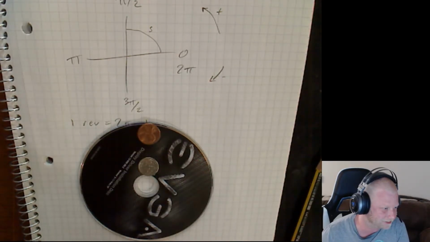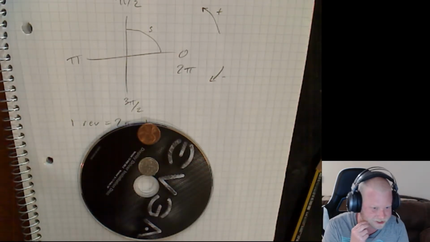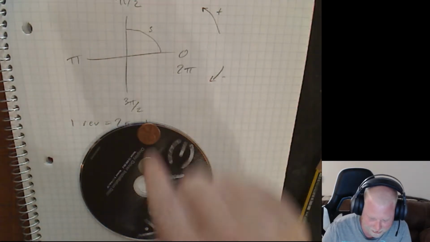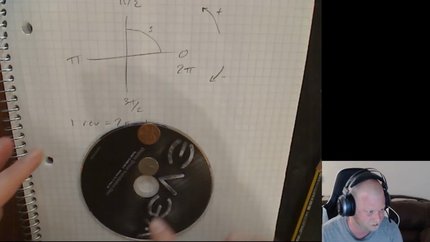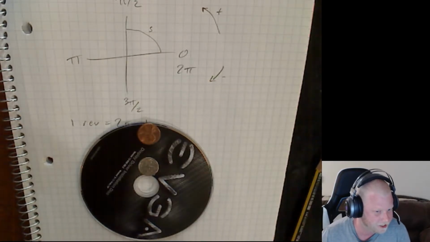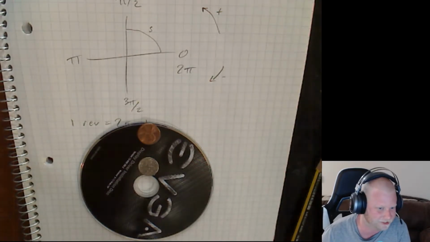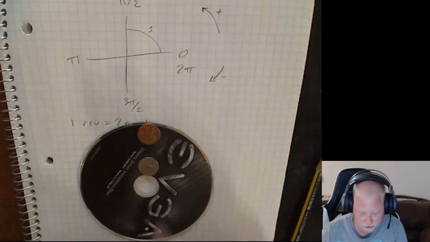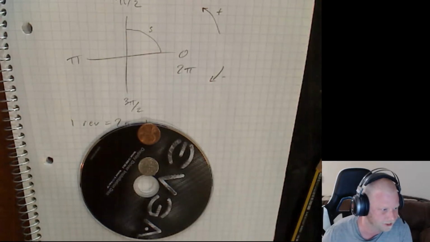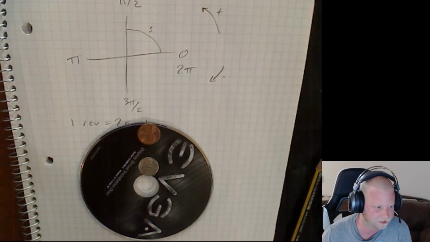So it's all based off the distance from the center of rotation. No matter where you place these objects on this fixed rotating surface, the angular displacement will be identical, but the arc length that they travel will vary based off of where along the disk they are located.